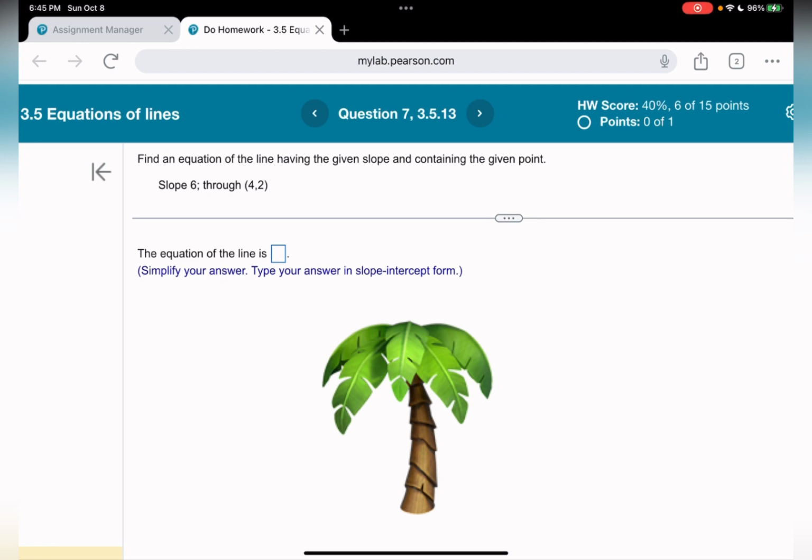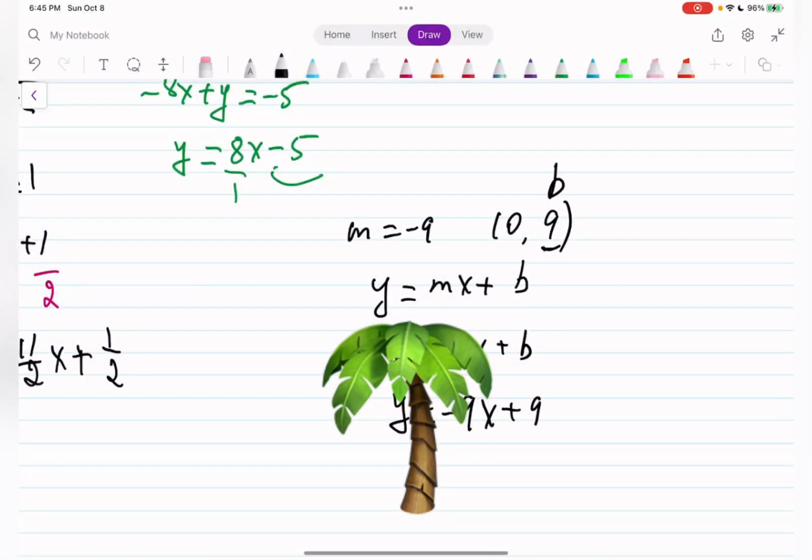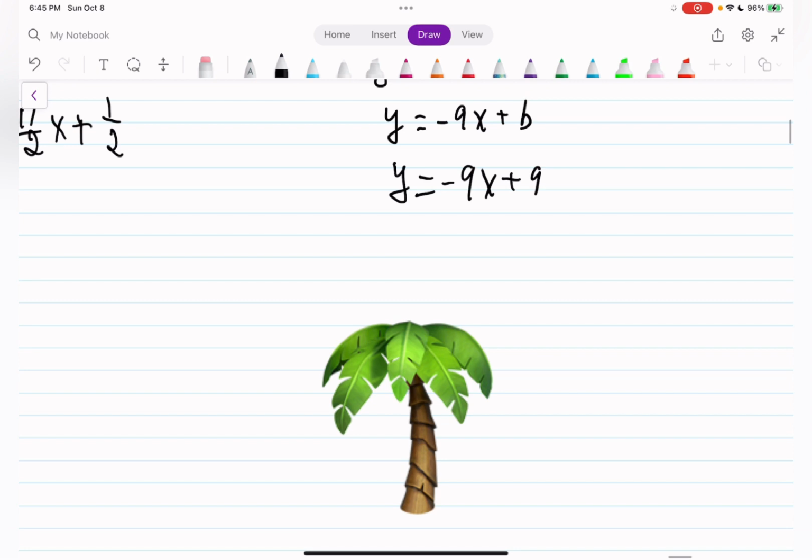Okay? So, well, let's see how we're gonna work this out. All right. M is 6 and coordinate 4 and 2.